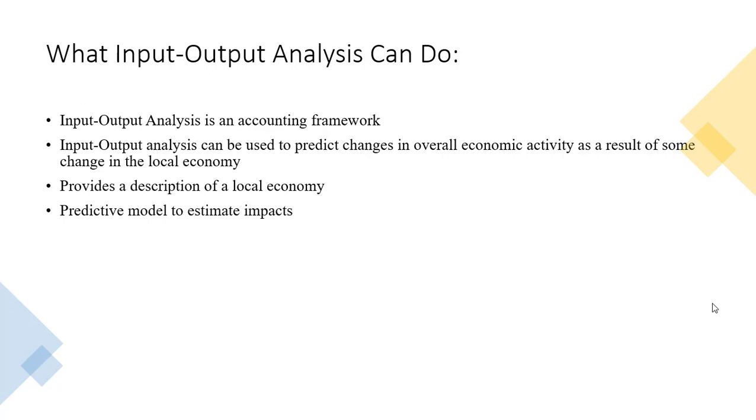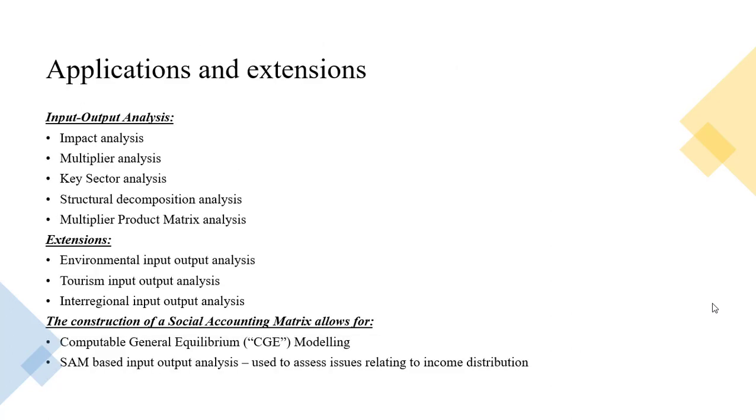Because some specific product demand goes down, while some specific product demand is very high, we can also calculate such measures. We can know what kind of impact there is on one specific sector and on the other sectors. So the input-output model can also be used as a predictive, forecasting model to estimate those impacts.